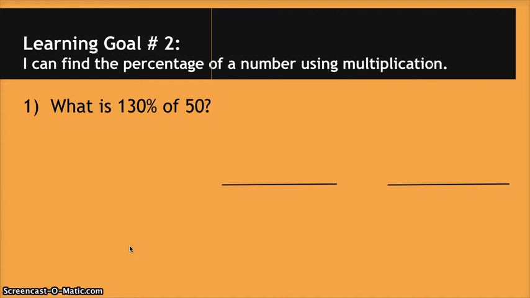So let's get started. Our first problem says, what is 130% of 50? Now, we're going to use multiplication. So we're going to multiply these two numbers, 50 and 130, or 130%. But how do we multiply a number by a percent?